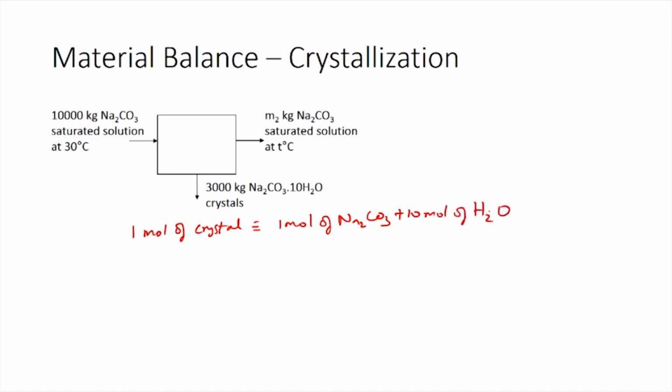The mass fraction can be calculated using the molecular weights. 1 mole of Na2CO3 contains 106 grams of Na2CO3 and 180 grams of water.